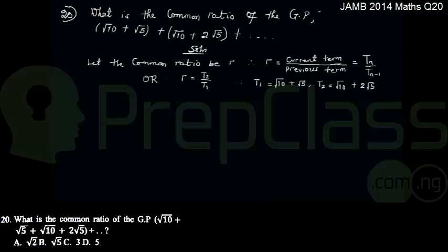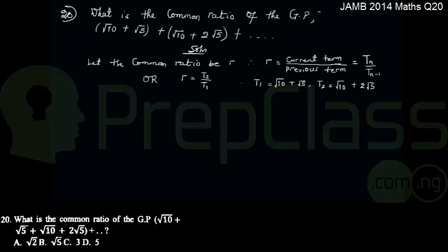In finding the common ratio, let's use the symbol R. The common ratio of a GP is usually the current term all over the previous term, the term before it. That is written symbolically as Tn over Tn minus 1, or we could say the second term over the first term.